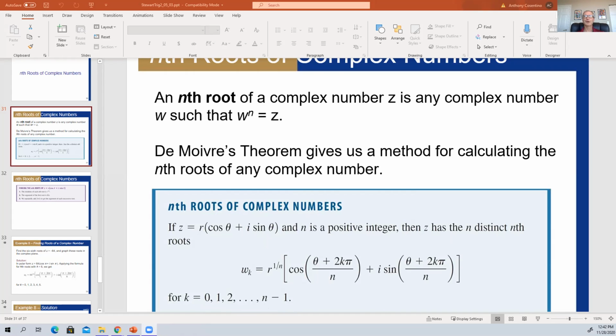So let's go through a couple simple examples without using the trig to get started. So say you wanted to solve the equation x squared minus 9 equals 0. So if you solve that equation, you would have x squared equals 9.